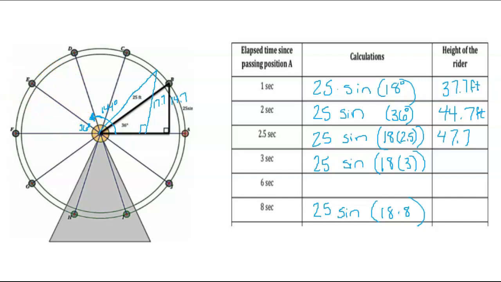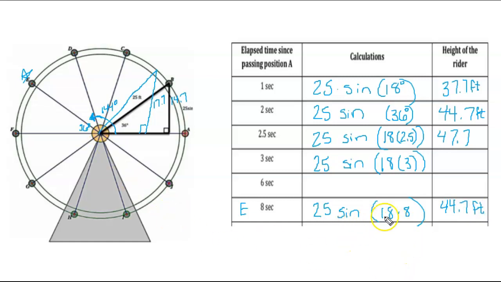So 36 degrees, that's actually finding point E. 144 plus 36 would equal 180. So actually after 8 seconds, I'm looking for point E's height. Well, we found point E's height yesterday. We found that point E was the same. It had that symmetry with point B. So it was exactly 44.7 feet above the ground.